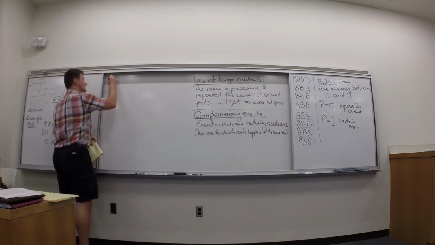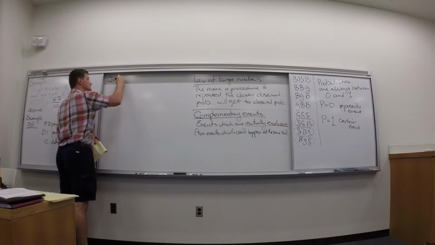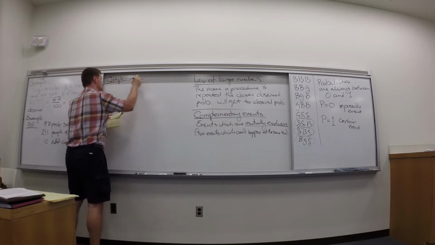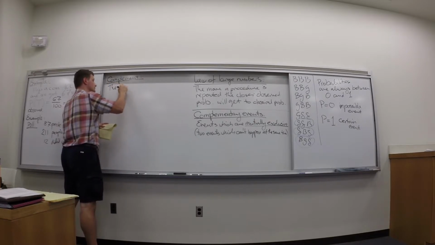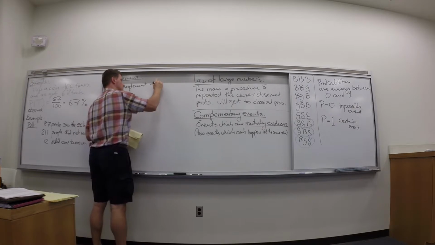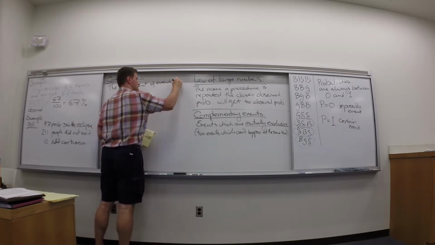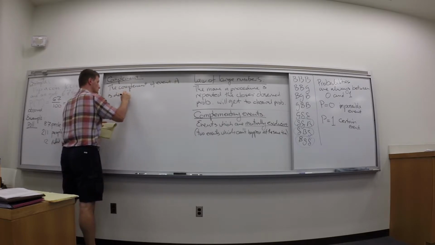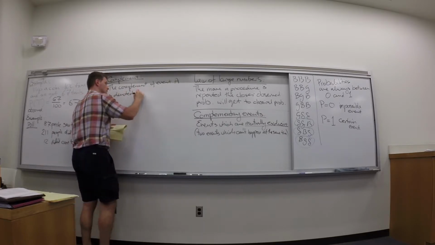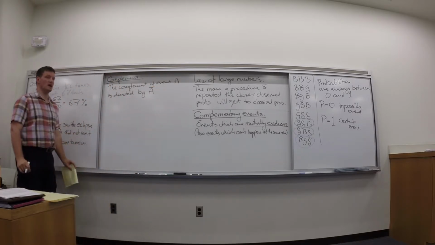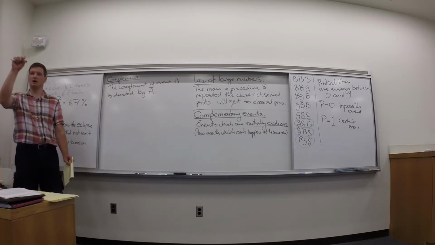So let's define a complement. A complement of event A is denoted as A with a bar across.